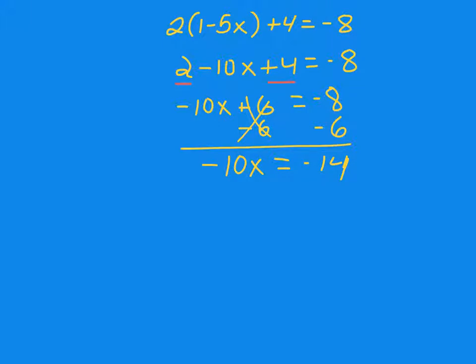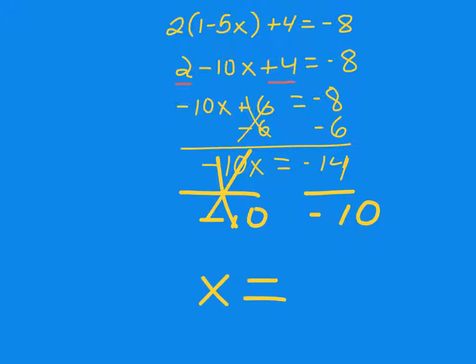Alright, and finally we're down to the last step, where all we have to do is get rid of that negative 10 by using the inverse operation, division, and dividing both sides by negative 10. When we do that, this cancels out, and we're left with x equals a negative 14 divided by a negative 10.